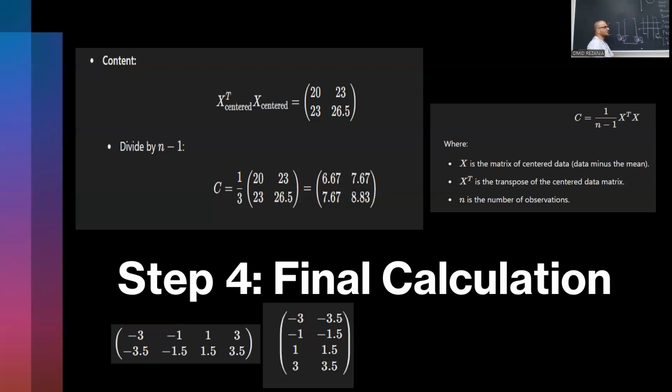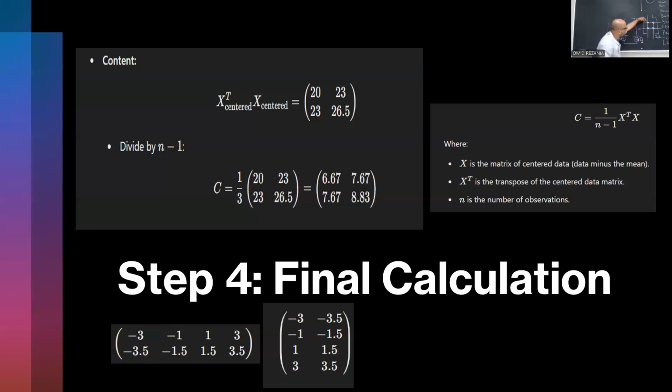2 rows, 2 columns. How many elements are in there? 4. Right? 2 by 2 gives you 4 elements. And you can see that 1 element should be here, 1 element here, 1 element here, 1 element here. Am I right? So far, so good.